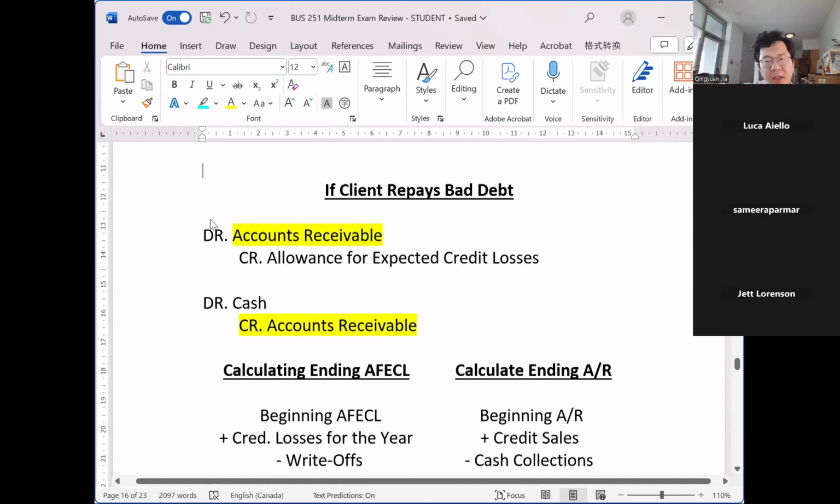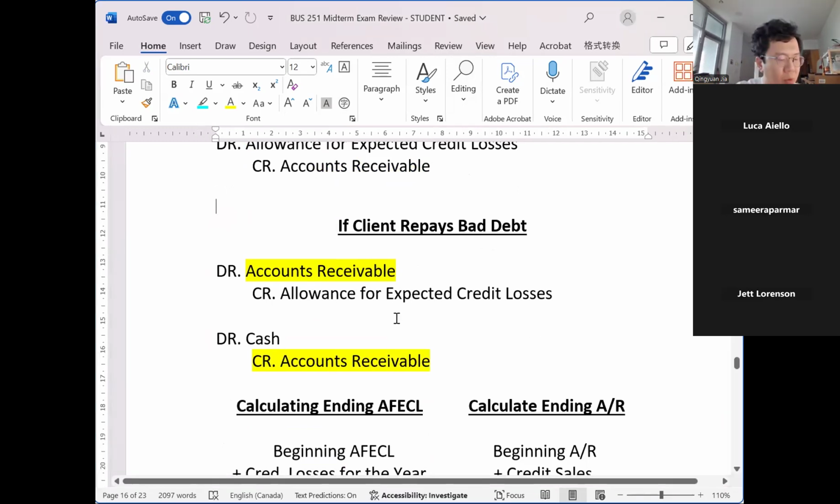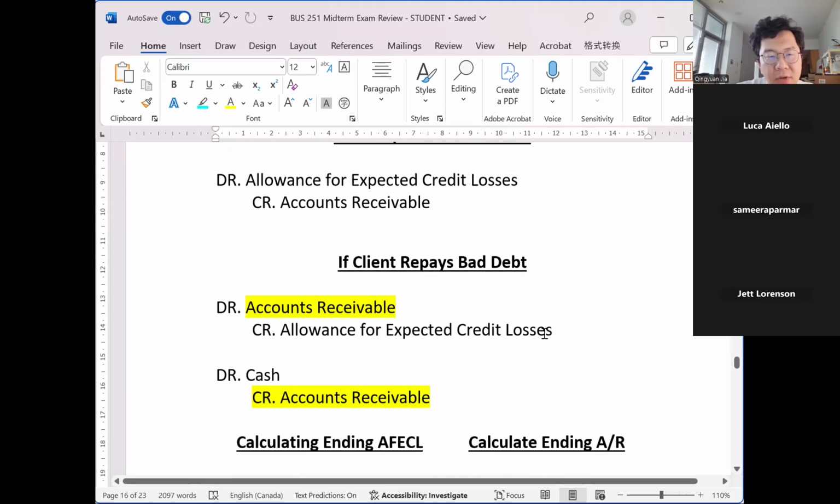But if the client repays the bad debt, what we will do is debit account receivable and credit allowance for expected credit loss. And you may find that this is the reverse of this journal entry, right?